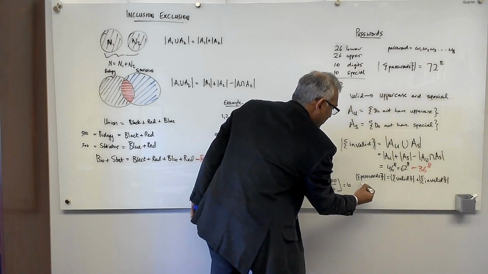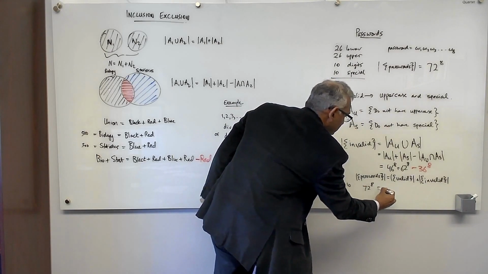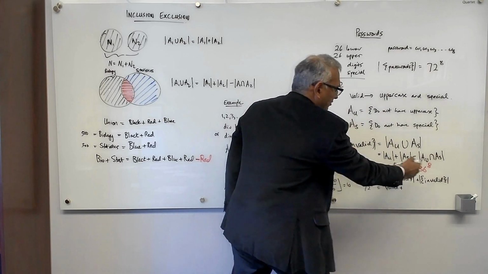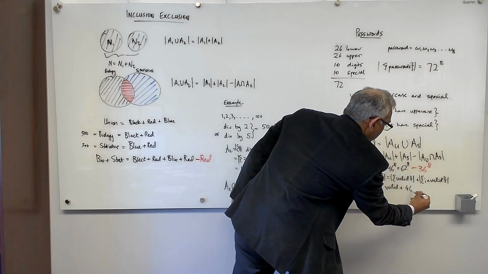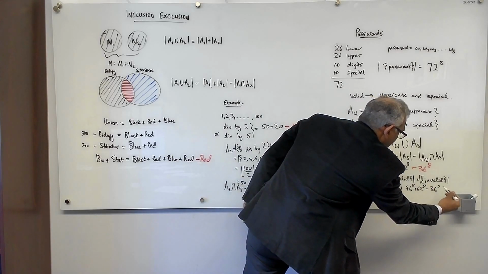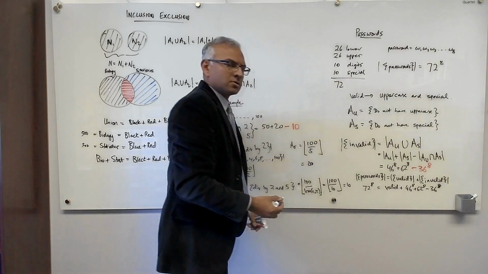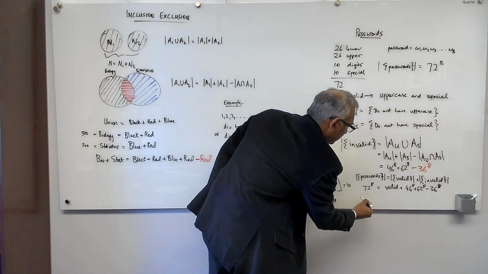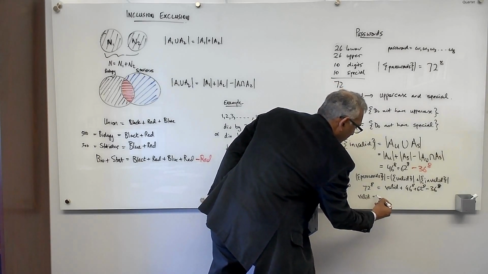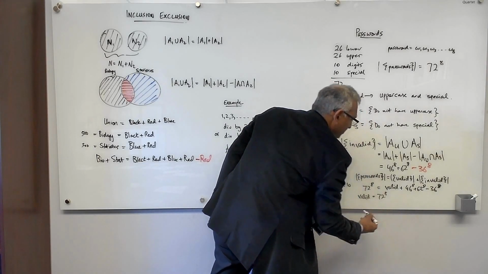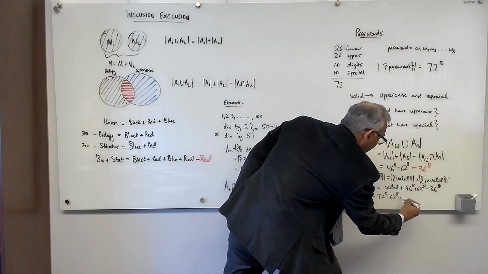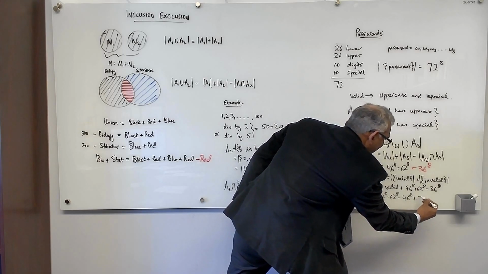So this 72 to the 8 is equal to the valid plus the invalid, which is 46 to the 8 plus 62 to the 8 minus 36 to the 8. So the number of valid passwords is equal to 72 to the 8 minus 62 to the 8 minus 46 to the 8 plus 36 to the 8.